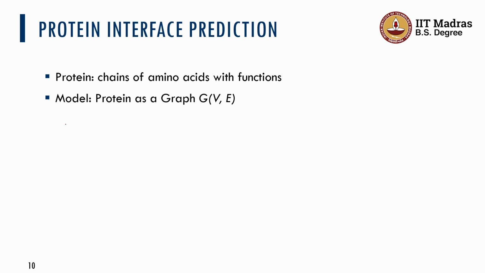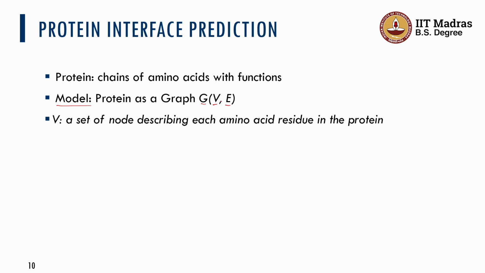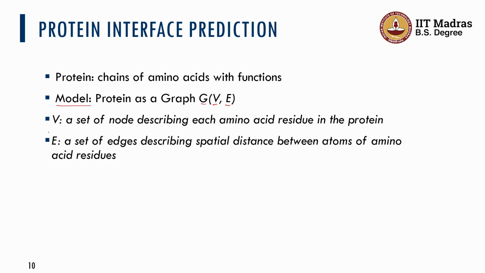Here we can model a protein as a graph G, with V as the vertices and E as the edges. V is a set of nodes, which describes each amino acid residue in the protein of interest.